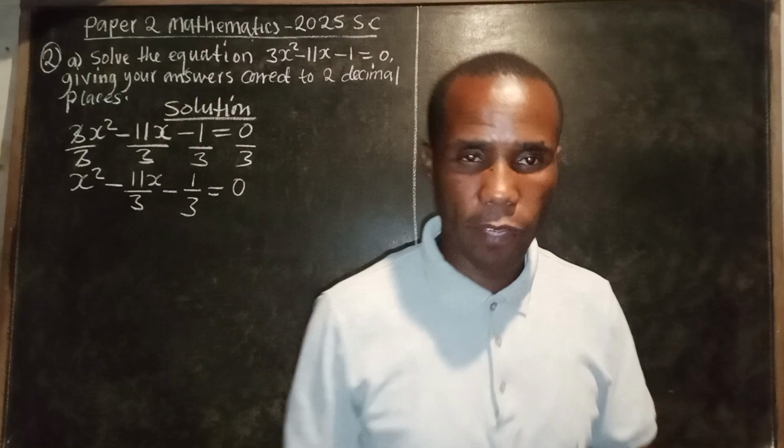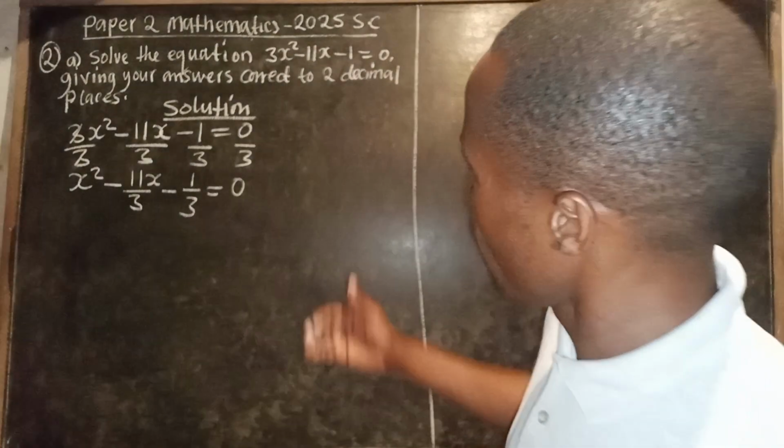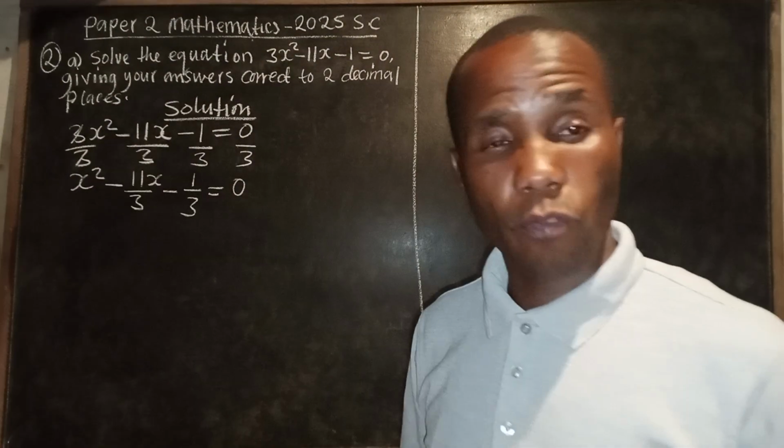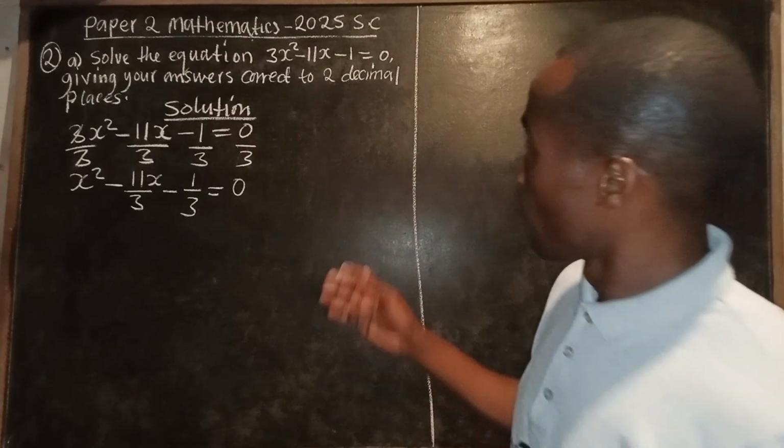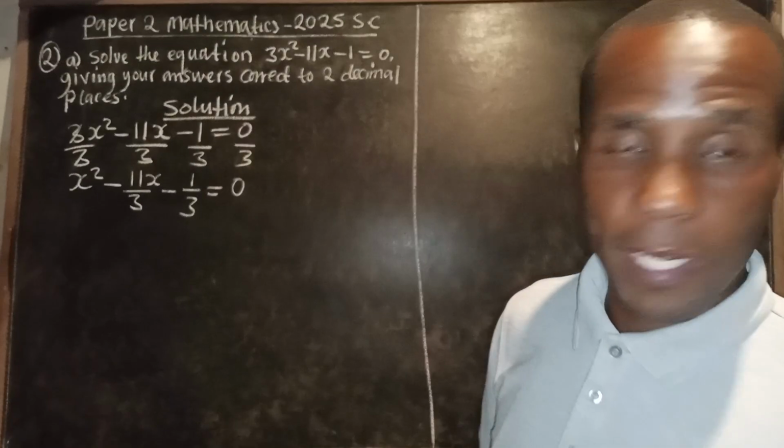So that is the way to go. After you have x squared with only one coefficient, we can now progress.